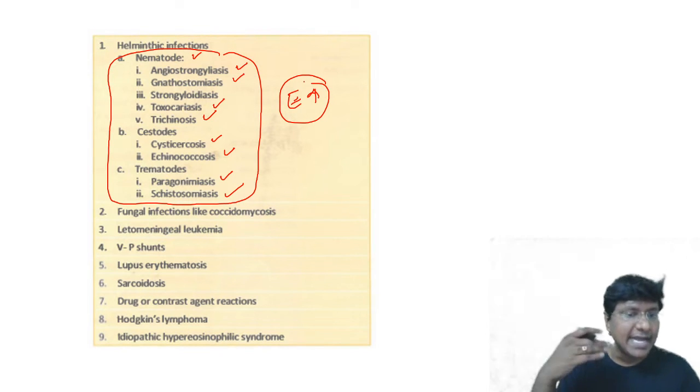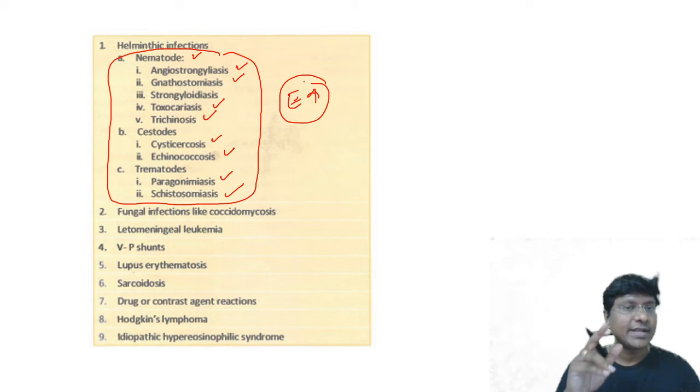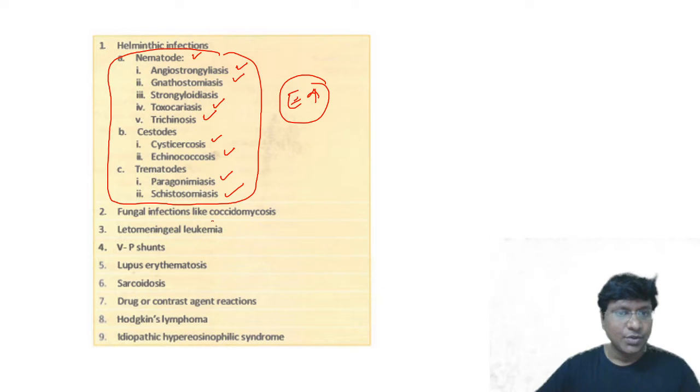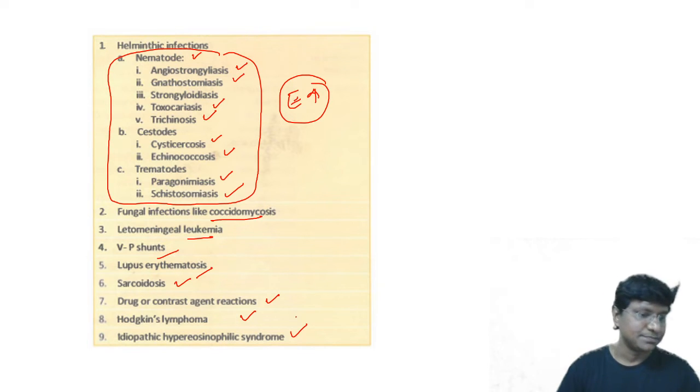Then, what are the other conditions where you can have an increase in the eosinophil count? The other conditions are coccidiomycosis, leptomeningeal leukemia, ventriculoperitoneal shunt, lupus erythematosus, sarcoidosis, drug or contrast agent reaction, Hodgkin's lymphoma, and hypereosinophilic syndrome.